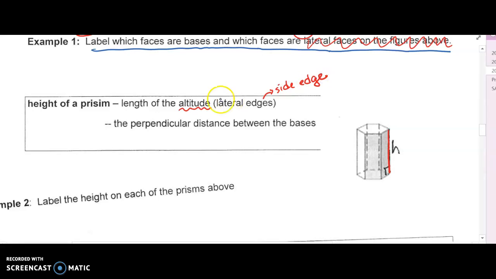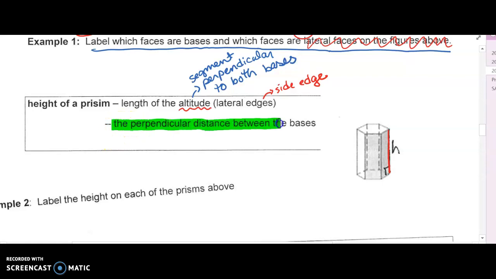An altitude is a segment perpendicular to both bases. So like we said, you can think of the height of a prism as the perpendicular distance between those bases.